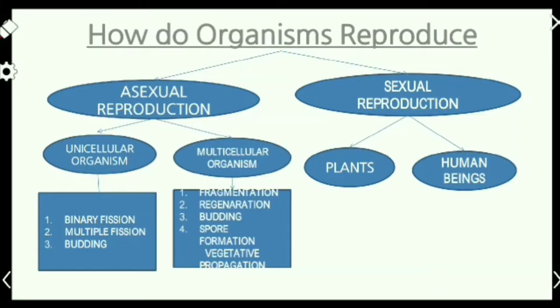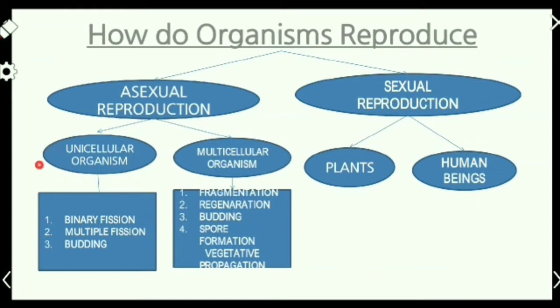How do organisms reproduce? As we have already discussed, organisms can reproduce either asexually or sexually. Asexual reproduction can be either by unicellular organisms or by multicellular organisms.